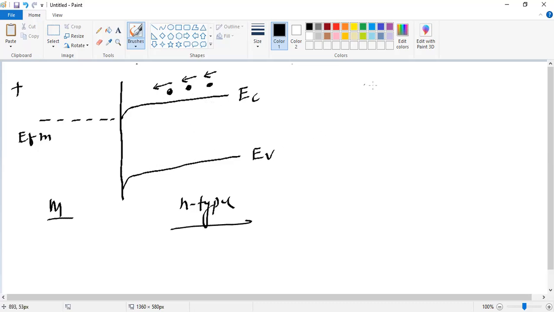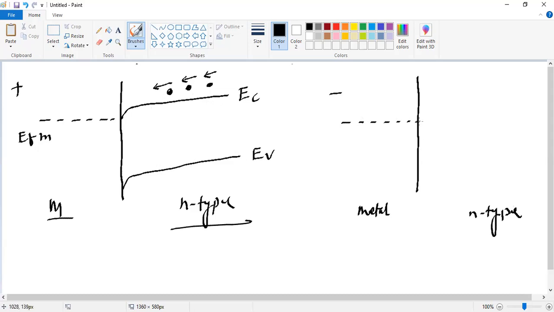Similarly, for the other case, if you connect the metal to the negative terminal, this is our metal side and this is our N type.